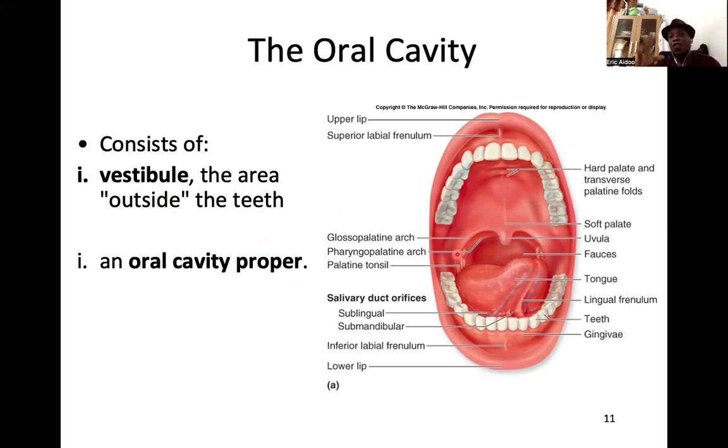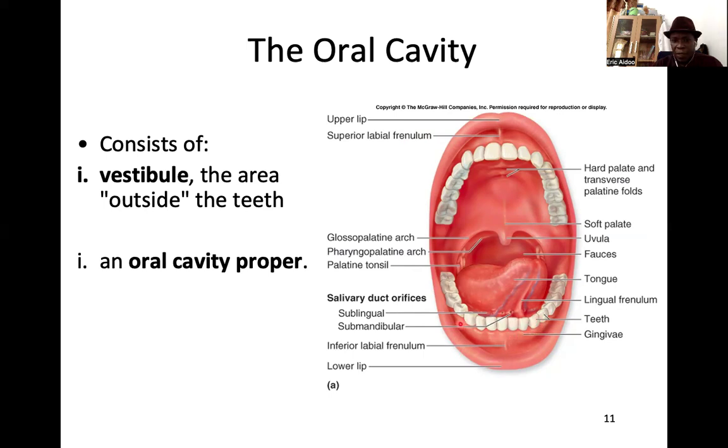So the aperture, the opening, the entrance, which is outside the teeth. You are talking of this region, and that's where you have the frenulum of the lip. So you have the superior labial frenulum and then the inferior one. Right? Then the gingivae, the gums of the teeth, and the teeth themselves.